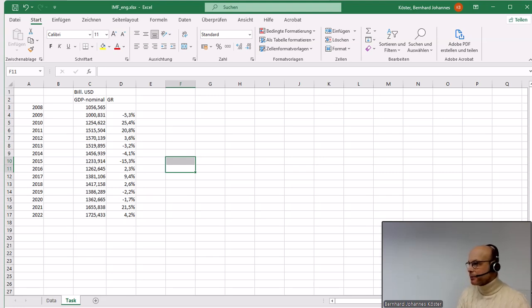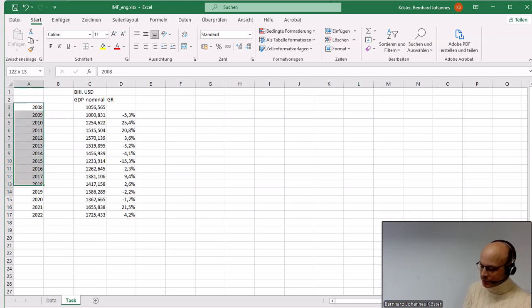So what do I have to do analytically when I want to have the average growth rate from 2008 to 2022? How do I do this? The average growth rate from this period, from 2008 to 2022. I have the single growth rates and now I want, and please be careful, I want to have it mathematically exact.